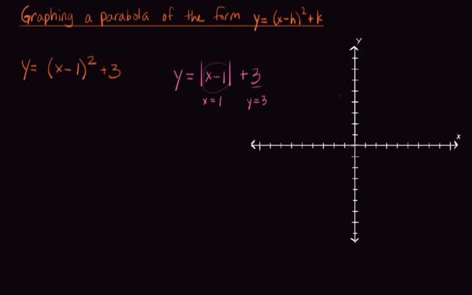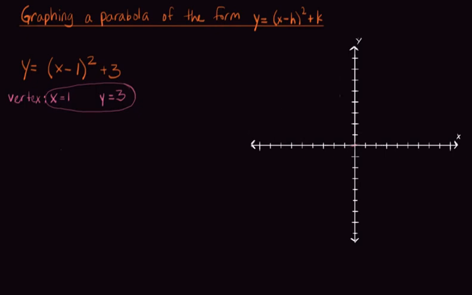In a parabola, the value that makes this equal to 0, so in this case x equals 1, and this value here, how much we move up or down, the y value, this is the vertex of the parabola. So exactly like we did in the absolute value, we have the same way of finding the vertex in a parabola.